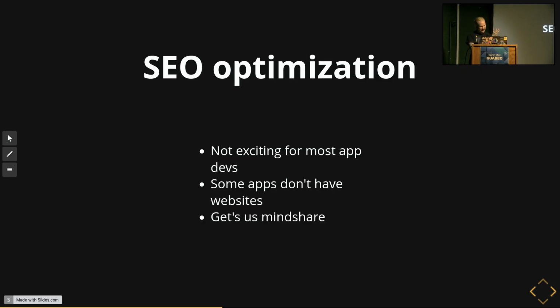This gets us mindshare as FlatHub or Flatpak in general. So this is a very good thing in my opinion. And we already have quite a good standing with search engines right now.